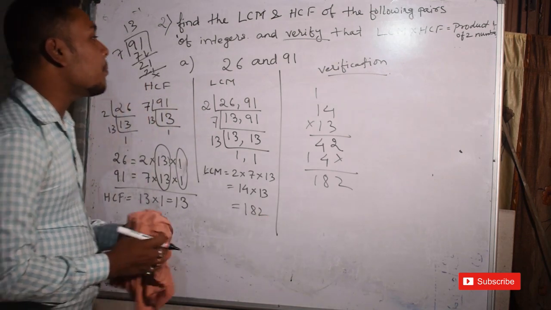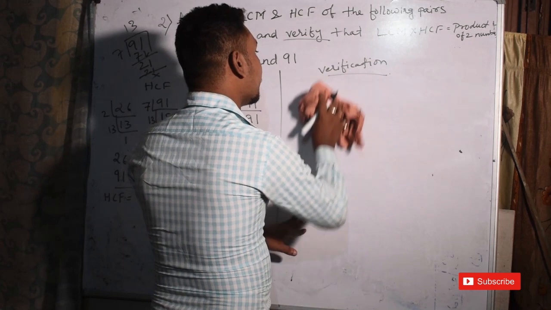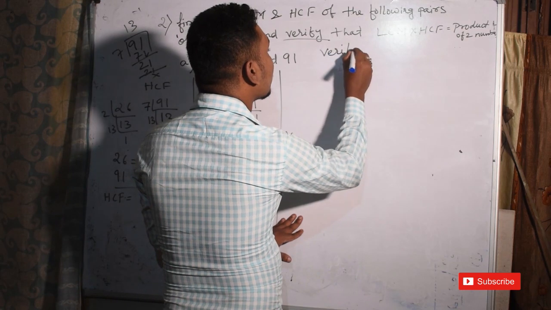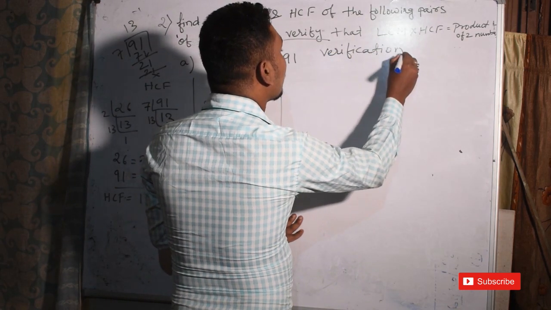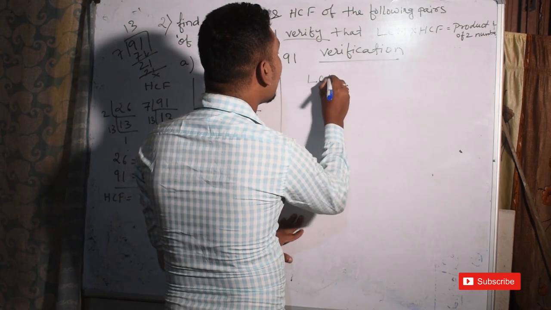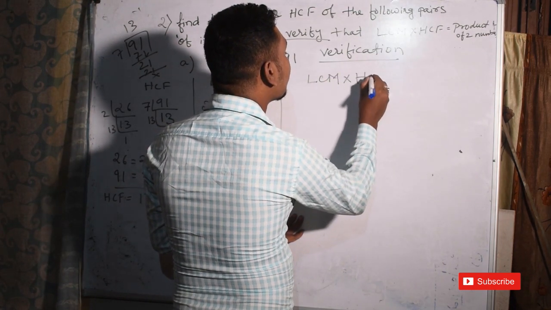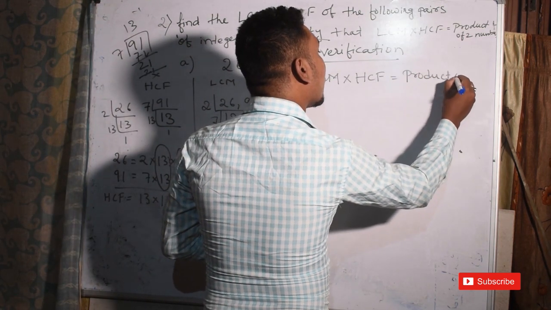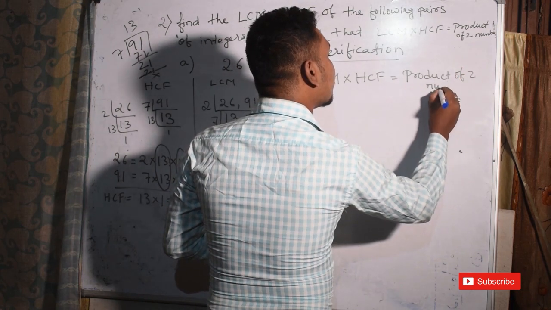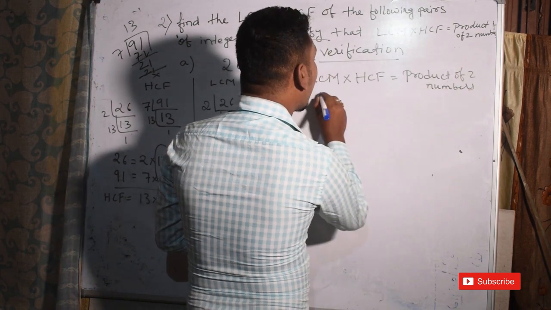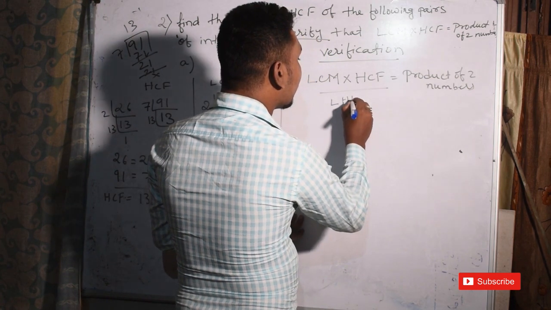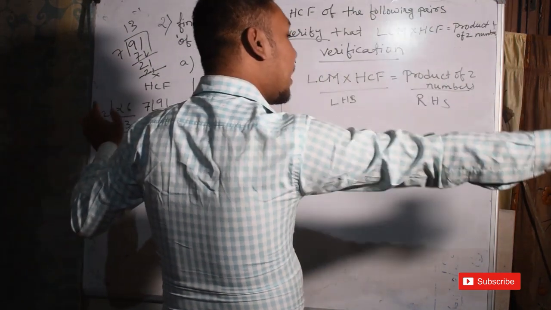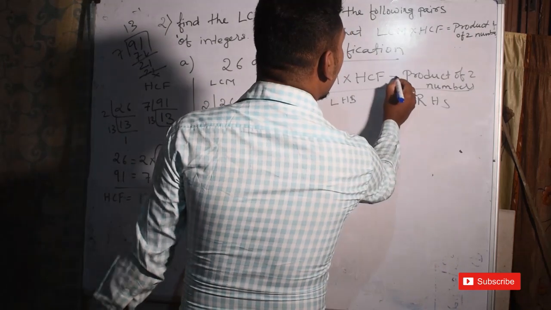Now coming to the verification part. We have LHS: LCM into HCF equal to the product of two numbers. This part is the left hand side and this part is the right hand side, with the equal sign in between.